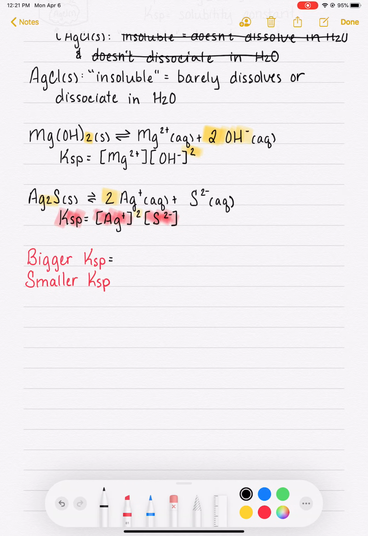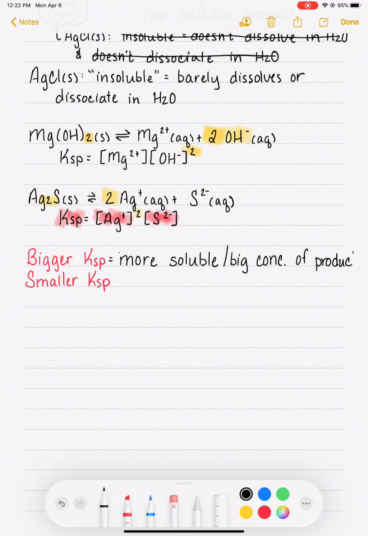So if we have a big KSP value, another way that we would say this is that the position of equilibrium is to the right. Our substance is more soluble. It has a big concentration of products.